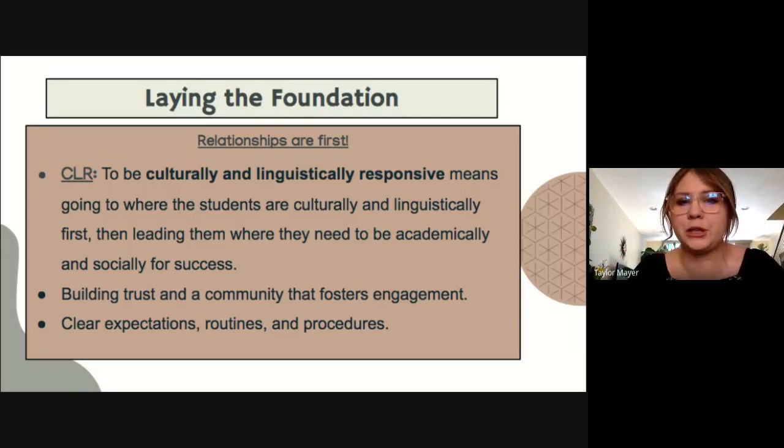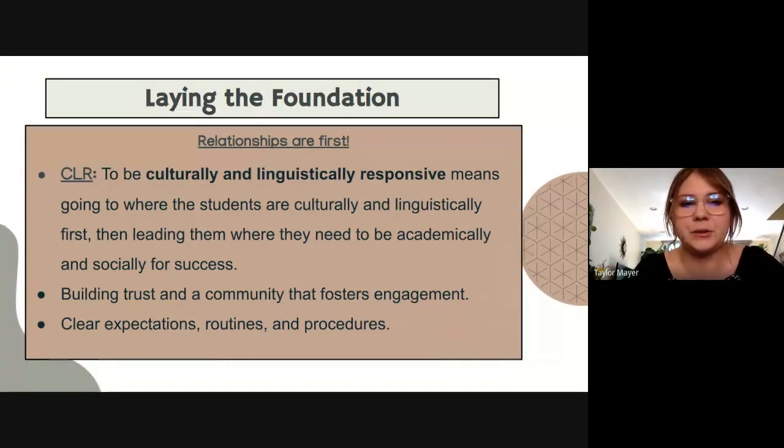We have a hugely diverse population of students. So it's really important that we recognize that, we validate those identities and languages, but then we also help bridge that link between what's maybe happening culturally and what we academically need our students to be able to do in order to succeed.